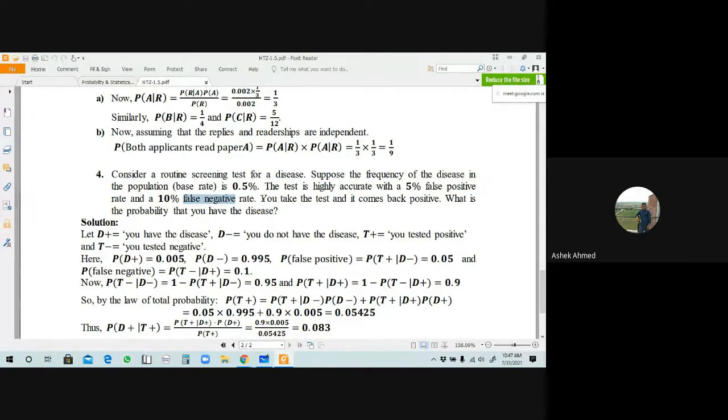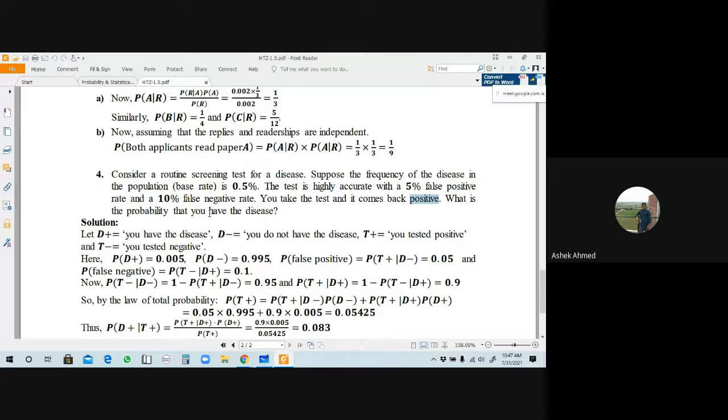So from here, you take the test and it comes back positive. The test has to be done and the test has to be positive. From here you have to find out what is the probability that you have the disease. With respect to the positive test we get, how do we find the probability of having the disease? We have to find that out. Understand?